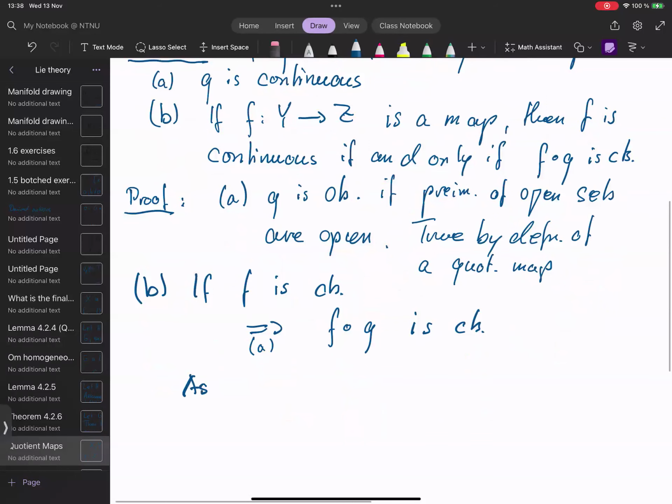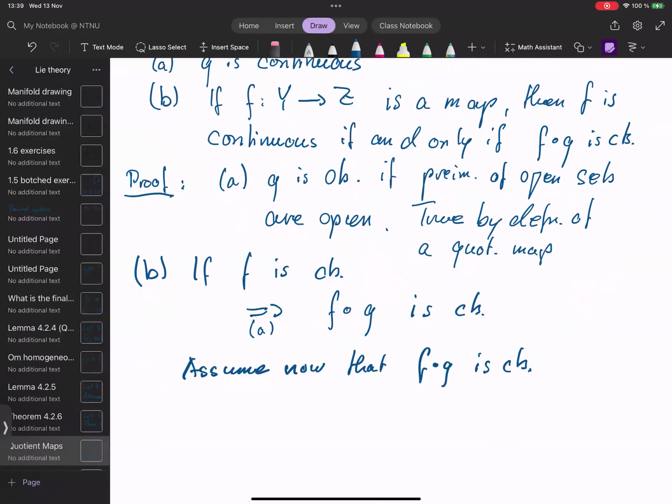Assume now conversely that the composition of these two maps is continuous. And now we have to see that F is continuous. Okay, so let's see how this goes.